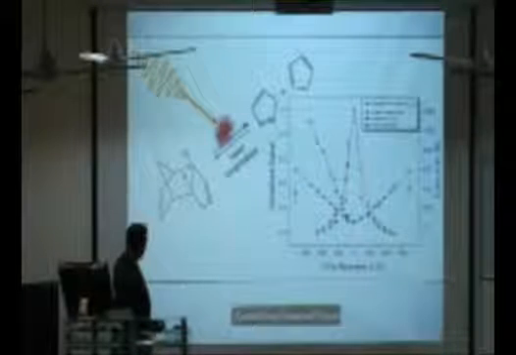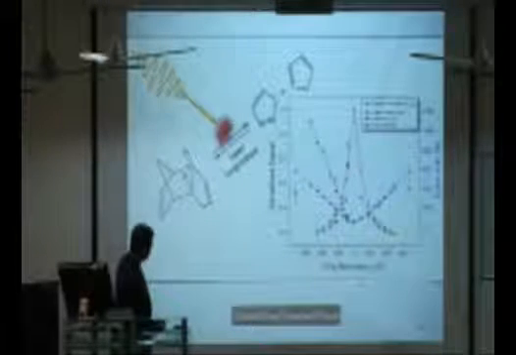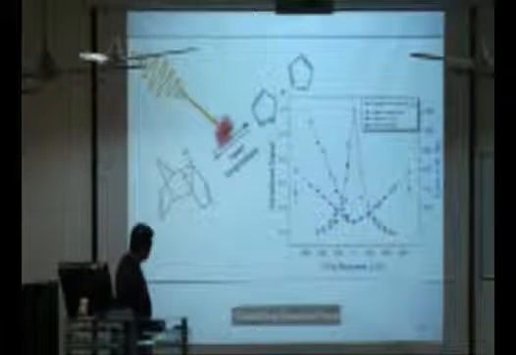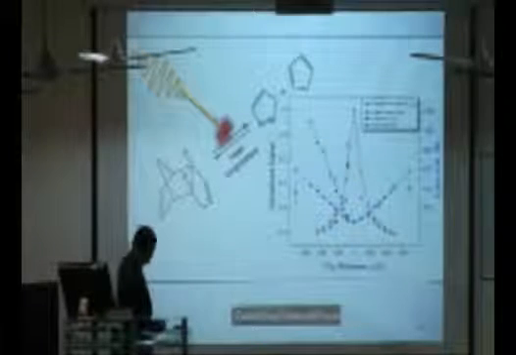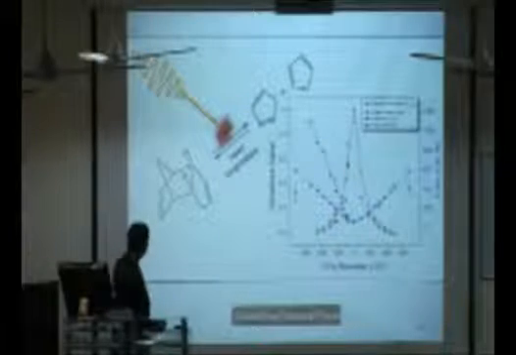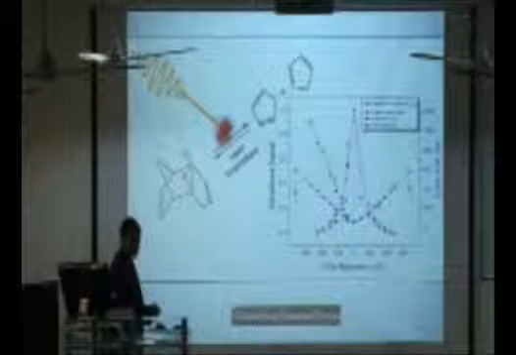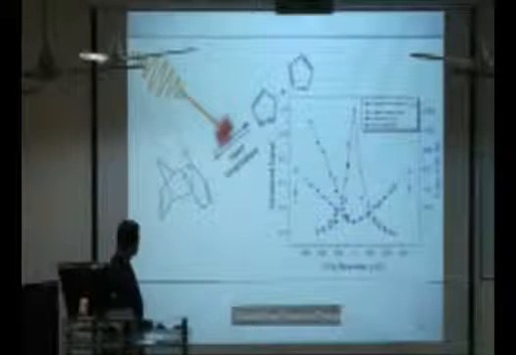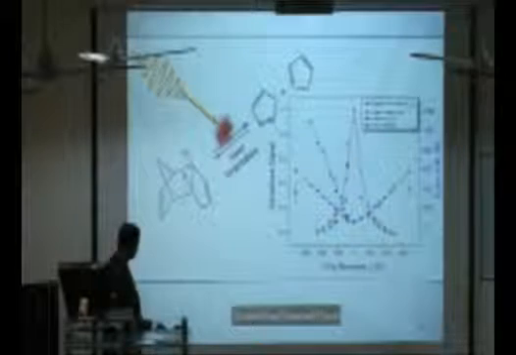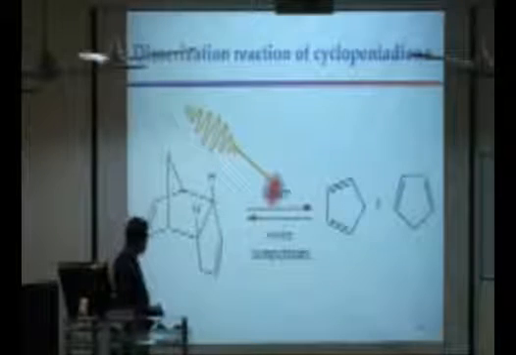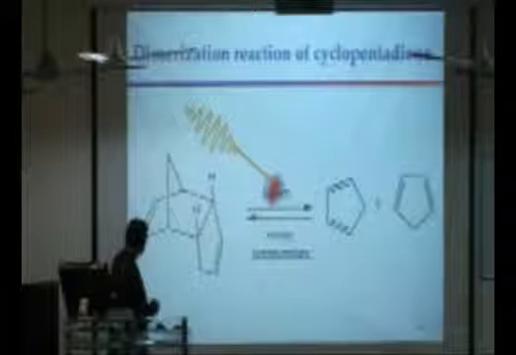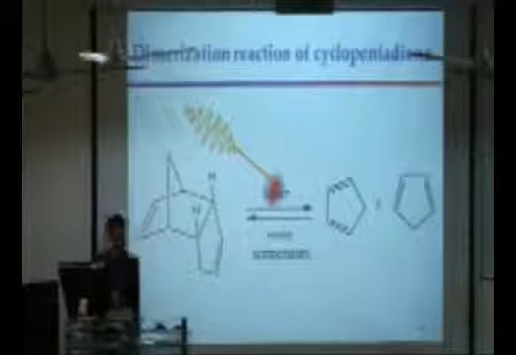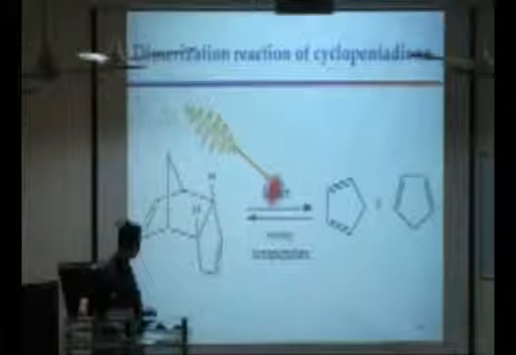So here is one more example I was thinking of showing you, which has to do with the chemical dynamics of the system. This has been one of the major dreams of chemists, to see a laser-driven reaction, and in this particular case, it's a pentane molecule.